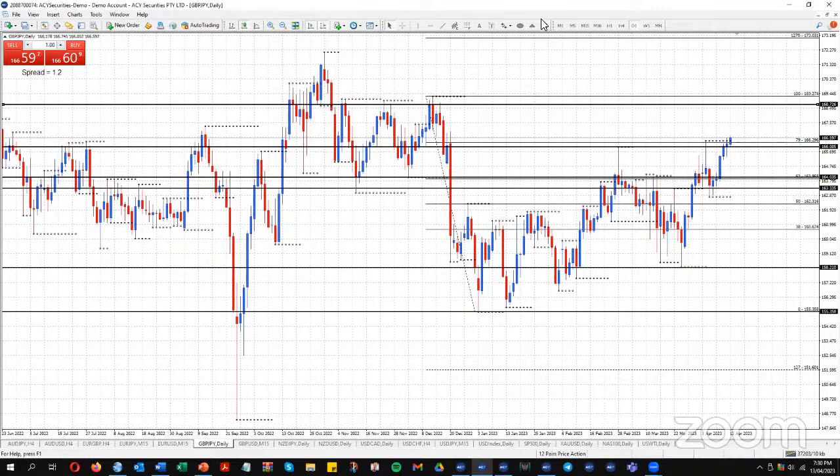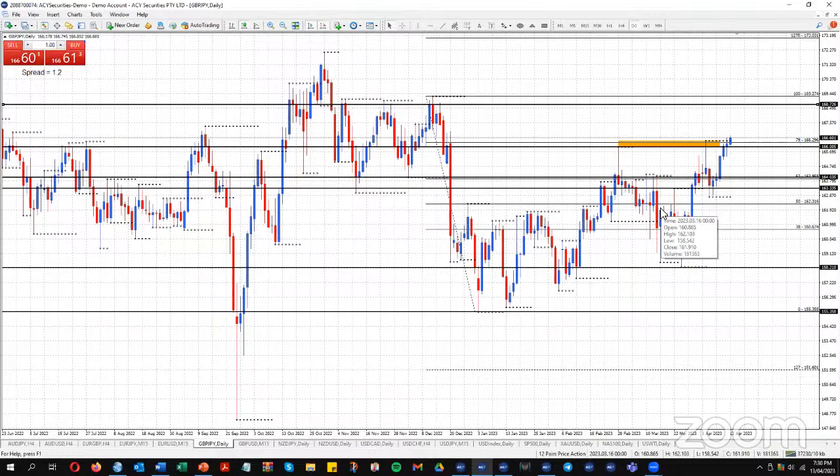But I would just be watching at the moment the area of these two highs. Do we start to move well beyond that level, or do we move back below that level?